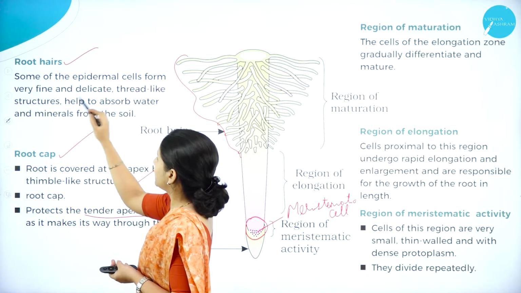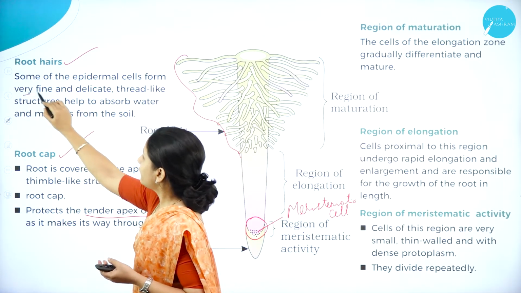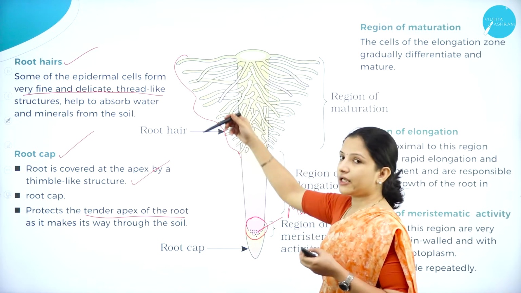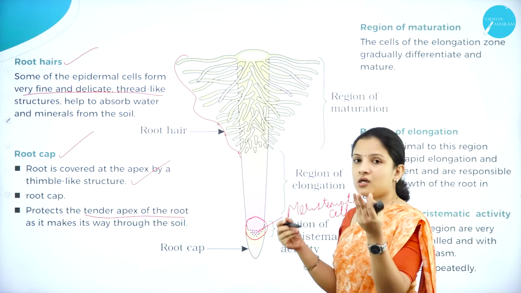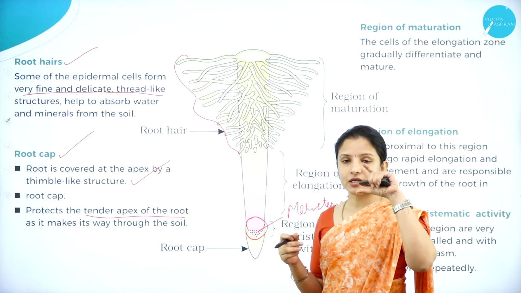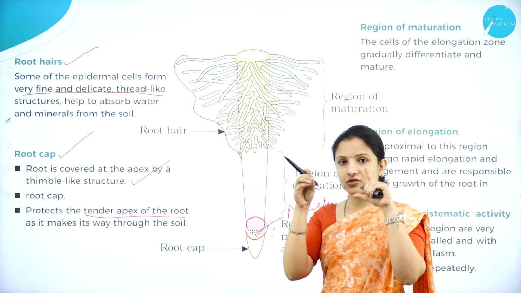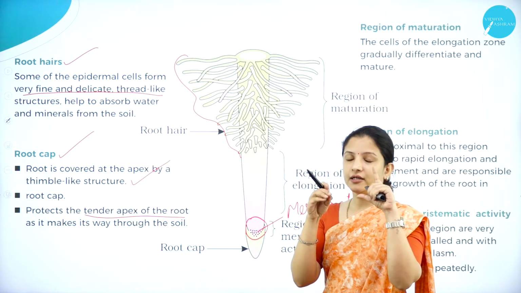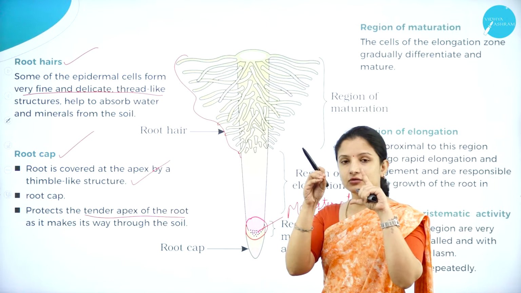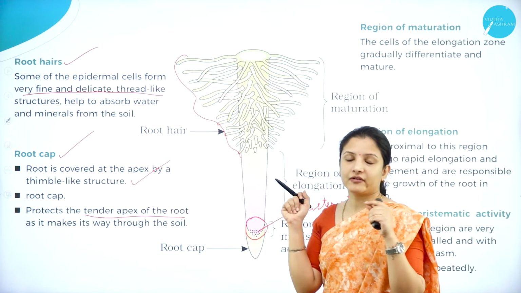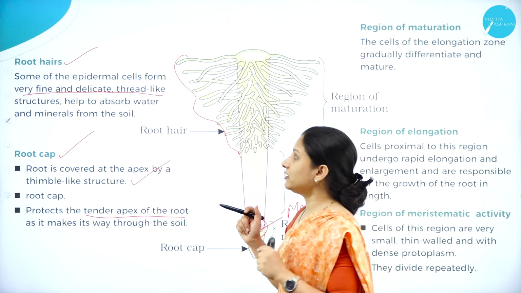They form very fine and delicate thread-like structures. The best example is carrot. When you take a carrot, you can see small lateral roots. Similarly, the root hairs will also look very fine, tender and thread-like.